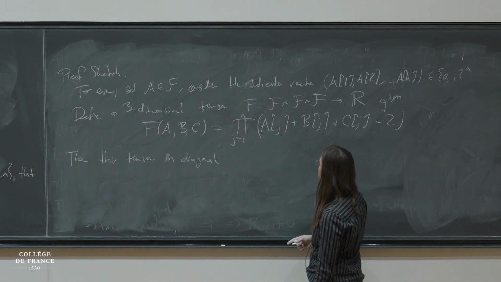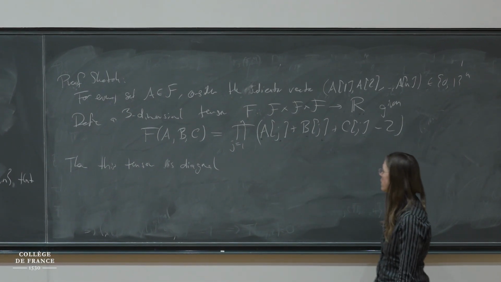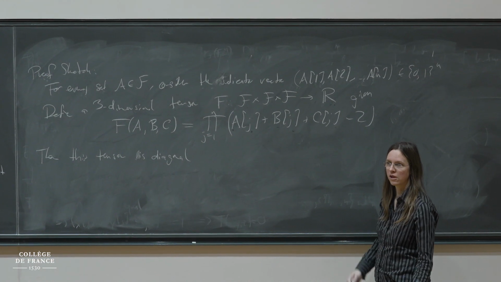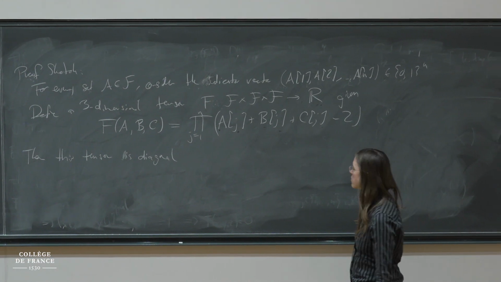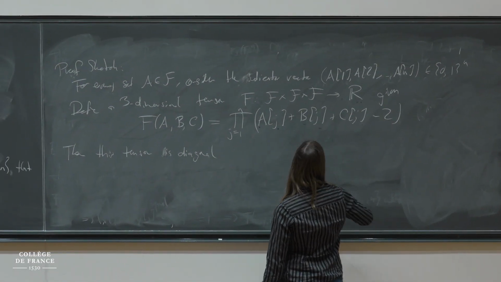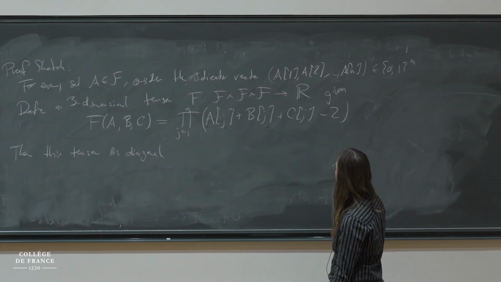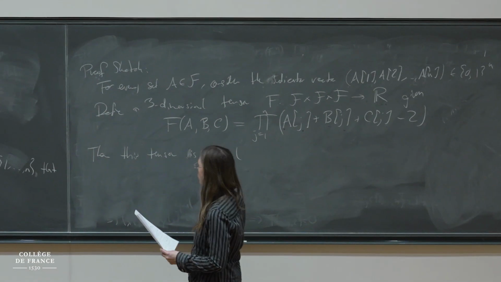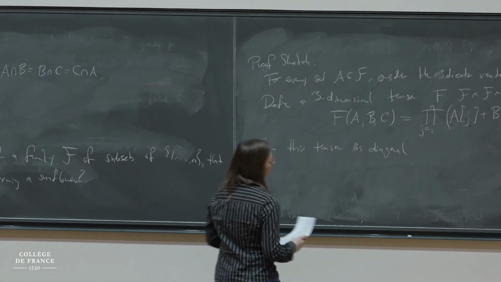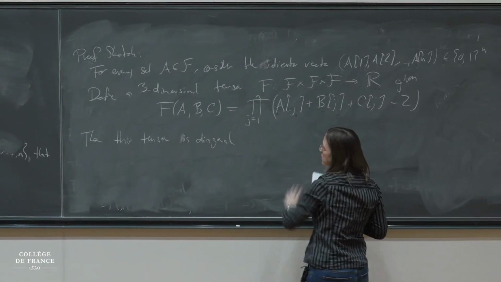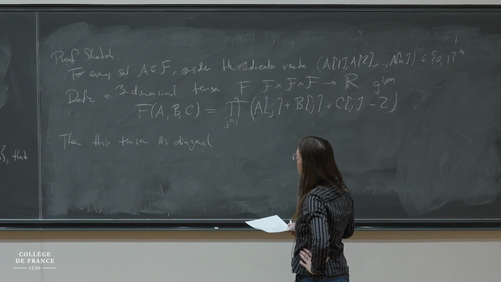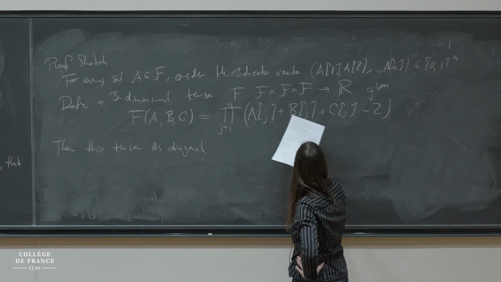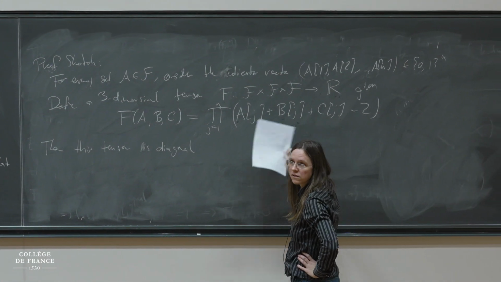So if A equals B equals C, in this product we get a product of numbers which are each either minus 2 or 1, and so that product is non-zero. So in either case, I get a non-zero result. Now, if A, B, and C are not all equal, I need to check that that product is 0. So if A, B, and C are not all equal, in other words, I need to show that there's an index j which is in exactly 2 of those sets to get a 0 factor here.